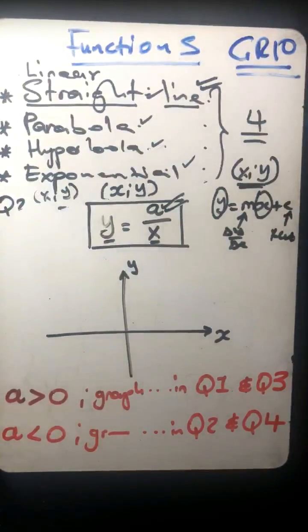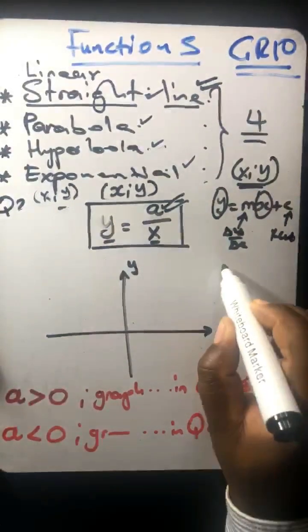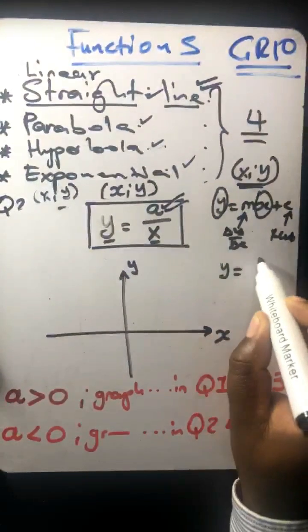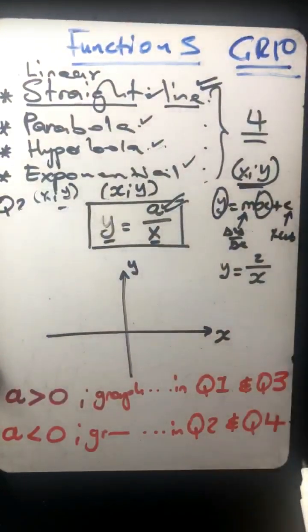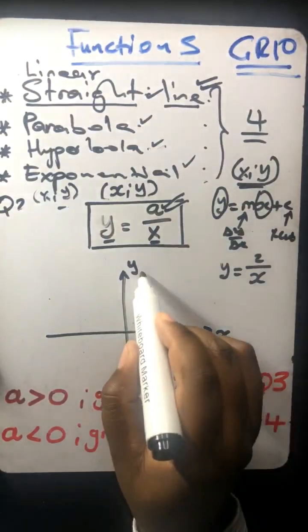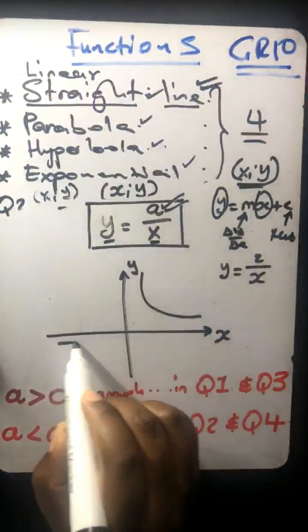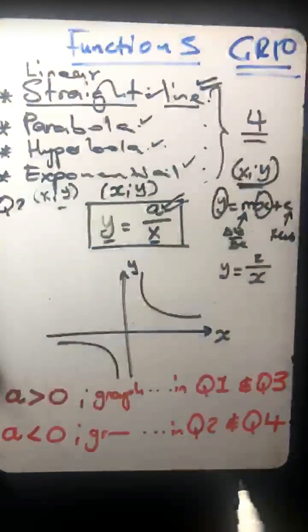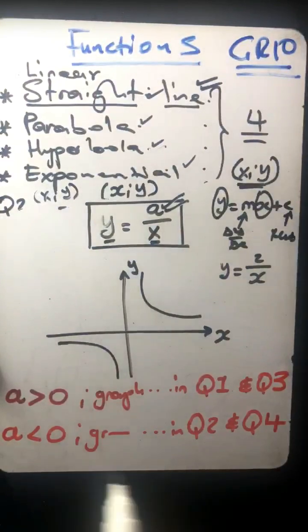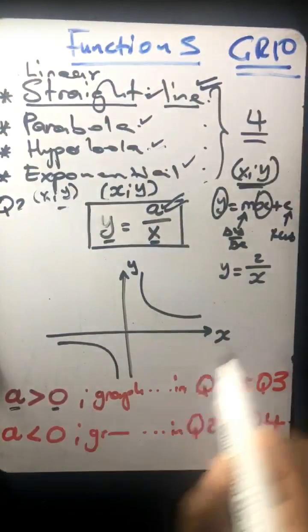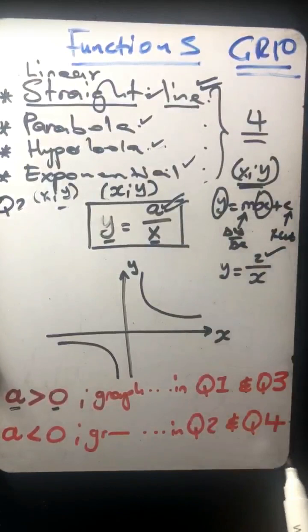So just to be practical, if you are given y is equal to 2 over x, the shape of a hyperbola is like that. Why am I drawing it in the first and the third quadrant? It's because the a value is greater than 0. Can you see the a value is 2, it's greater than 0?